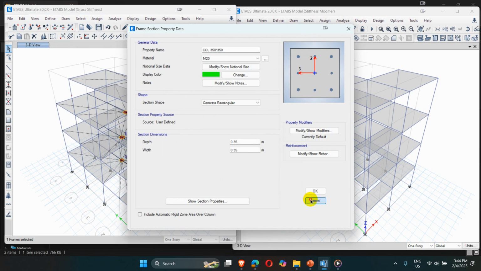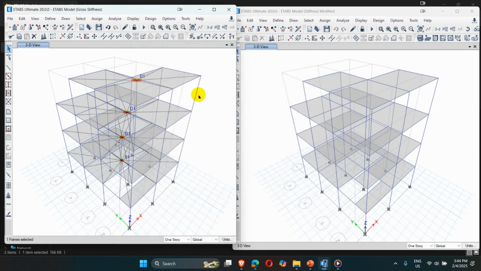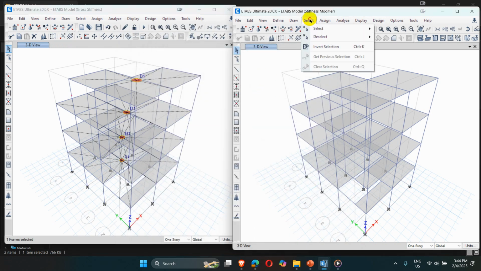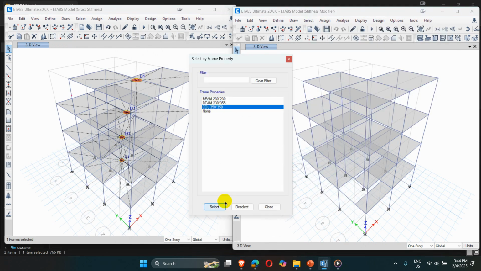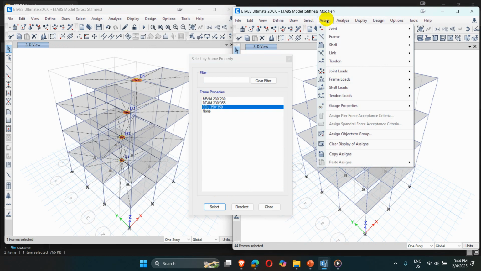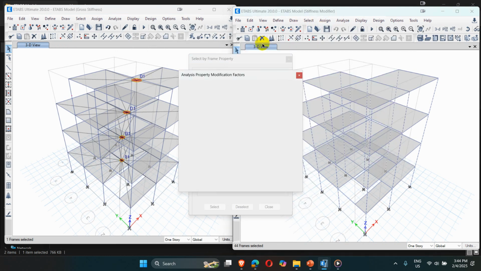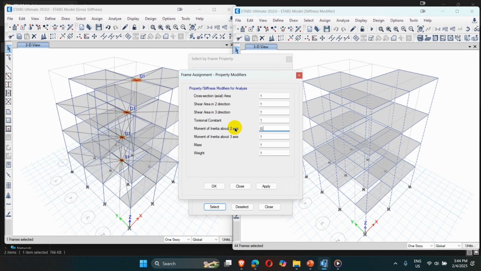Okay, this one is the model with gross stiffness, and let me select frame section, columns, assign frame property modifier as 0.7 and 0.7 along 2 and 3 axis.